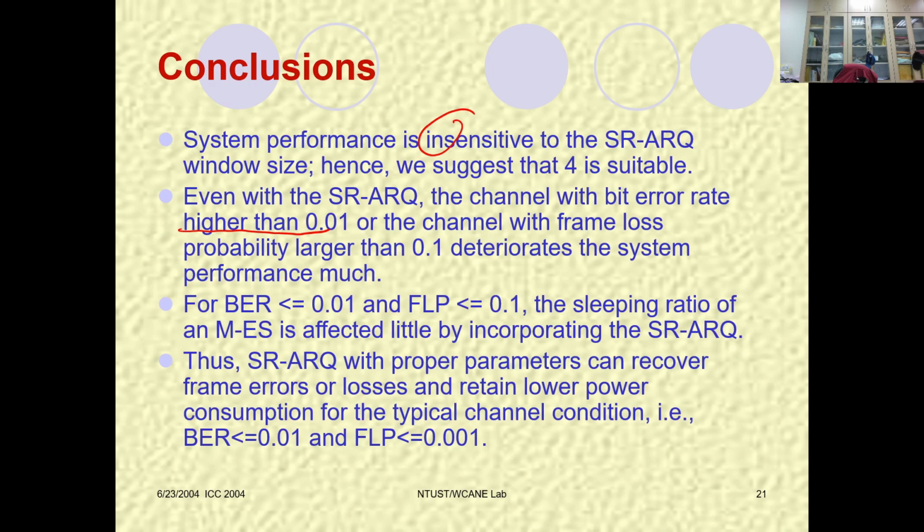When BER is lower than this value, or frame loss probability is lower than 0.1, the sleeping ratio of an MES is affected little. After this performance investigation, we can have the proper setting for the selective repeat ARQ, so that we can have performance enhancement.